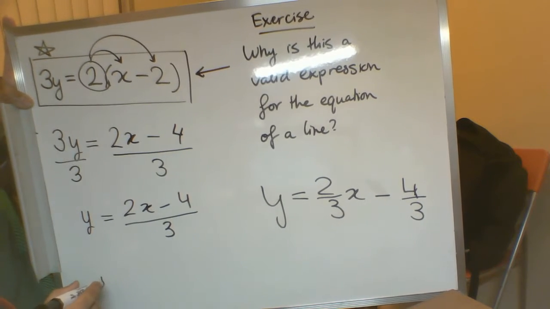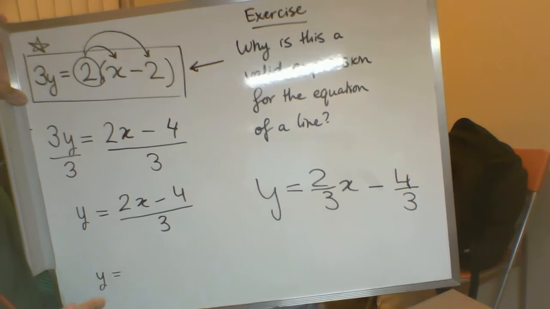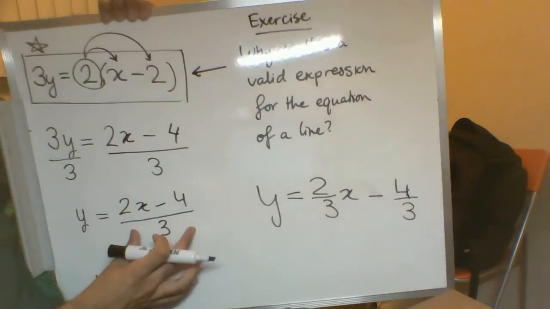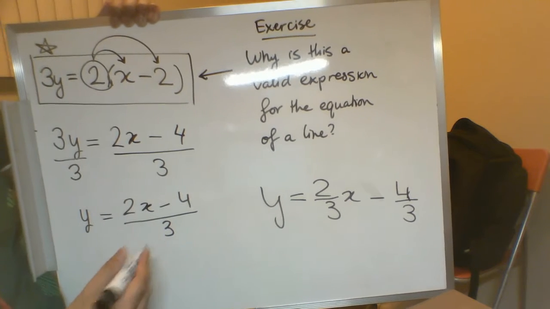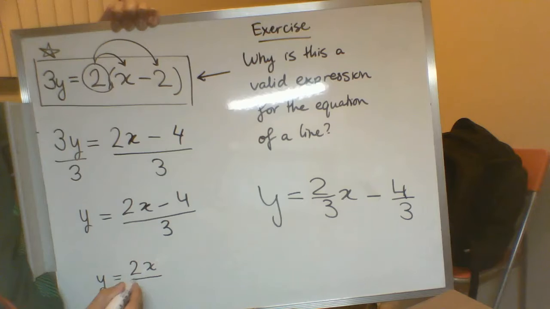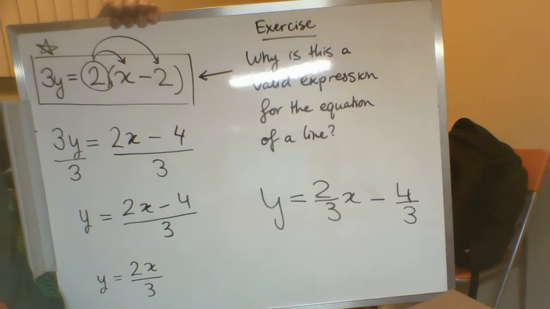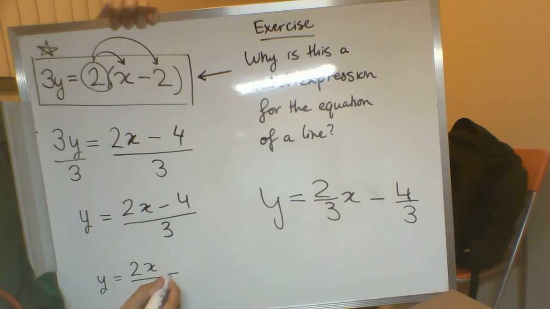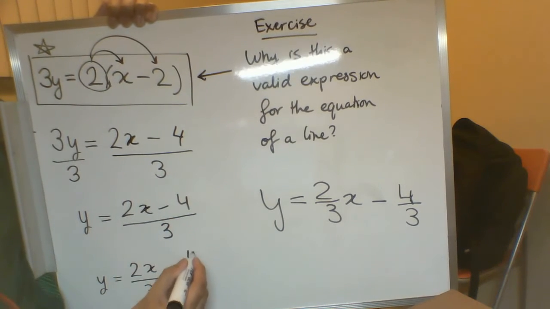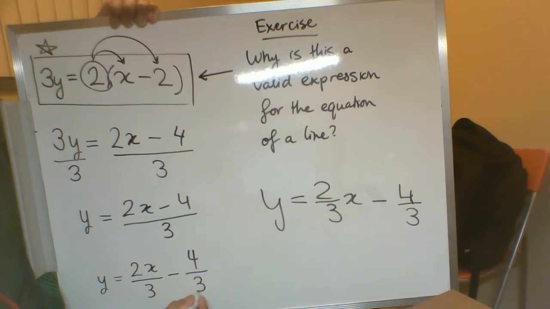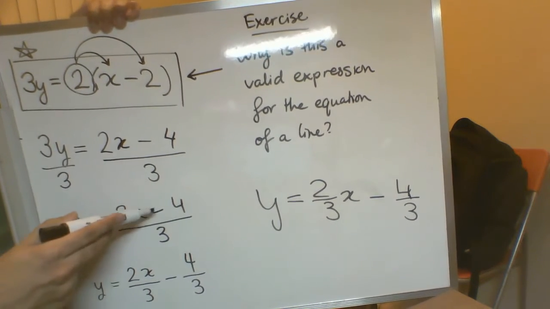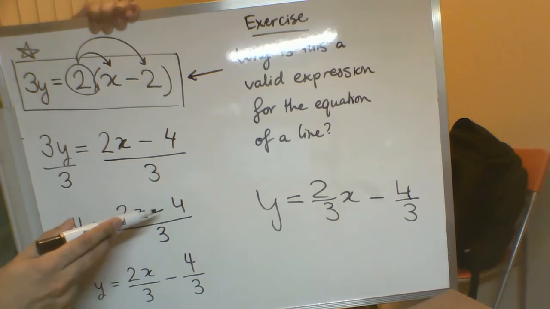And then as our very last step, so that we can really see how to get from here to something we can graph, I'm just going to split this up into 2 fractions. I'm going to take this 2x and leave it as the numerator for one fraction, stick the 3 in the denominator, put that minus sign in the middle, and then put our second fraction, with a 4 in the numerator and the 3 in the denominator as well. Notice that I can only split the fraction if I've got addition or subtraction in the numerator.